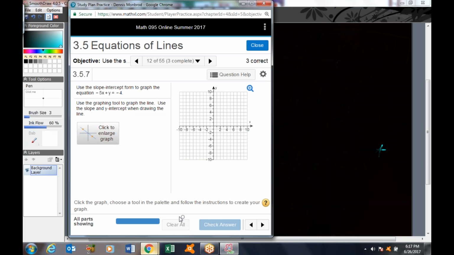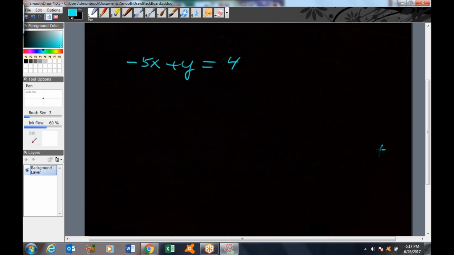Negative 5x plus y equals negative 4. I believe that was our equation, wasn't it? So we'll put a negative on here. Alright, so I want to solve this for y. Well, one step. Add the 5x to both sides. That gives me y equals 5x minus 4.